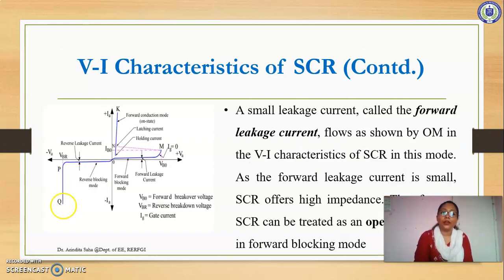So a very small amount of current, similar to the reverse leakage current, known as the forward leakage current, will flow. It is also in the order of milliampere or microampere. In this region, SCR offers high impedance. So in the forward blocking mode, SCR also acts as an open switch.